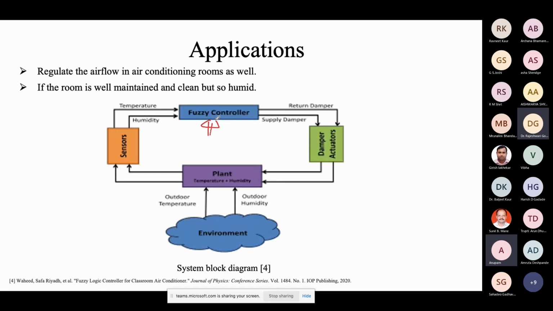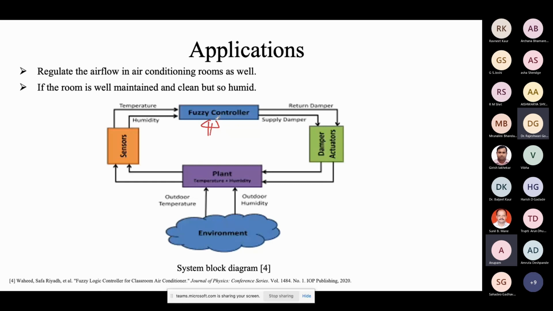One more, I can say one of the best things about the fuzzy logic controller is that it does not require the exact mathematics of the controller or the exact mathematics of the plant, right? It requires only what output you need, right? If you want a stable output, then fuzzy can easily work on the basis of the output, right? I can say that fuzzy works like a black box for a plant, right?